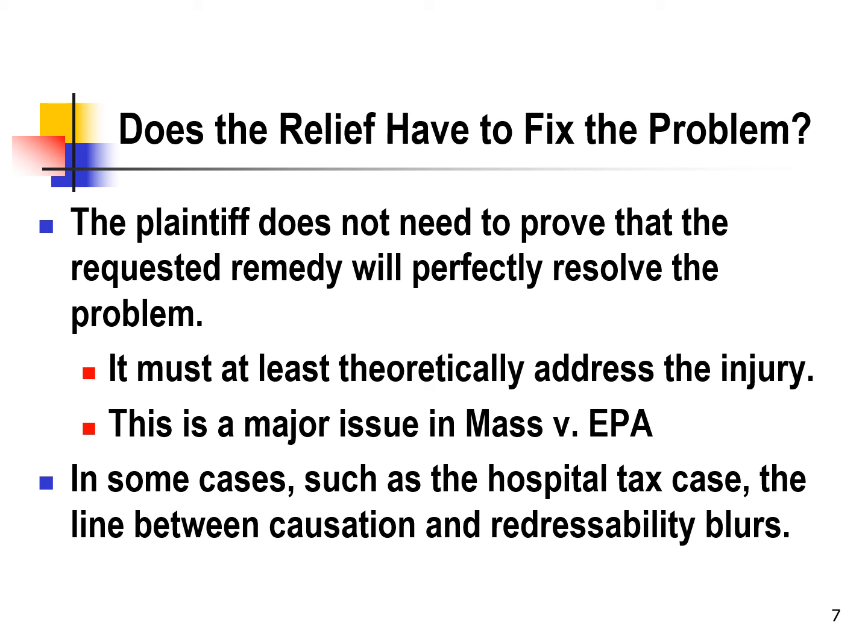They're not intended to eliminate the air pollutant. This becomes a major issue in Massachusetts versus EPA, where some of the judges are wondering whether the plaintiff's requested remedy of regulation of greenhouse gases in the United States will really do much about climate change.